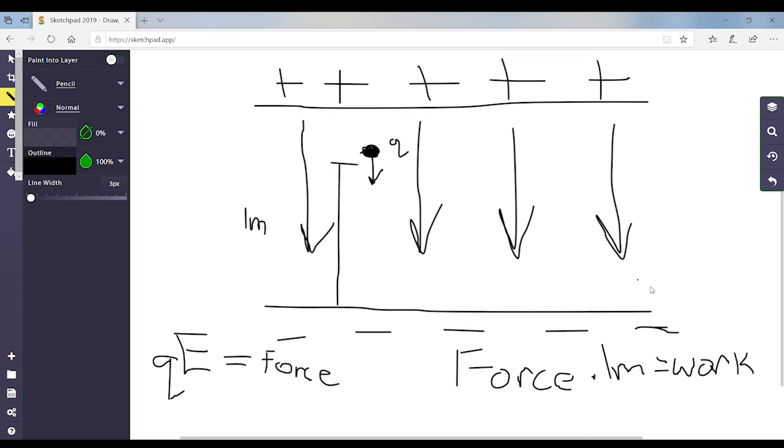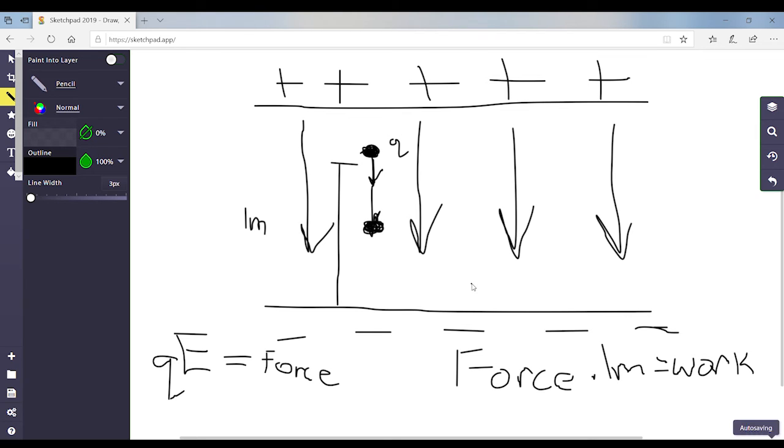That's going to be the potential energy of the particle. I keep calling it Q, I'm sorry. It's a particle, it is not known as Q. So that charged particle has a potential energy of force times 1 meter.